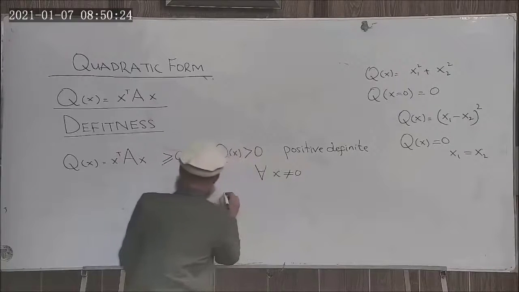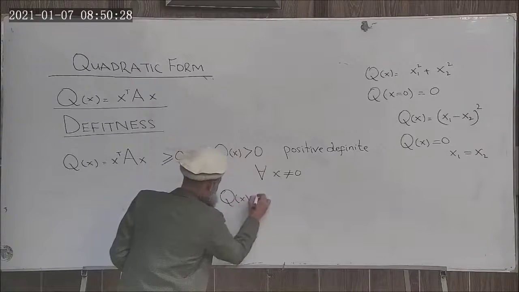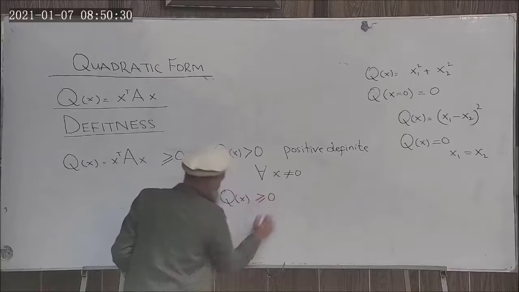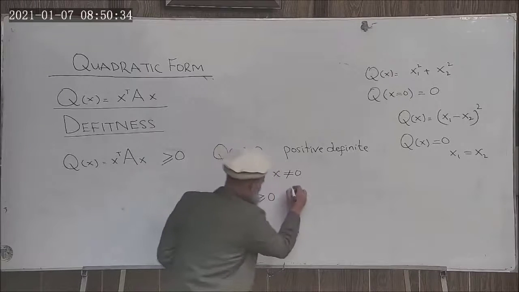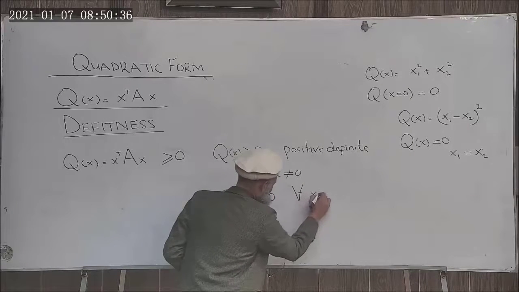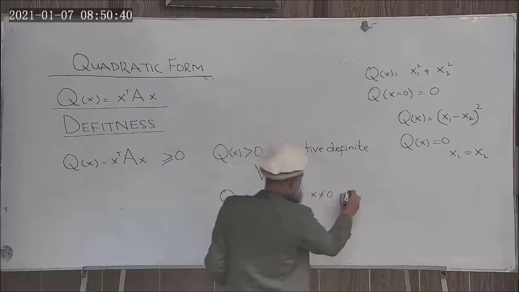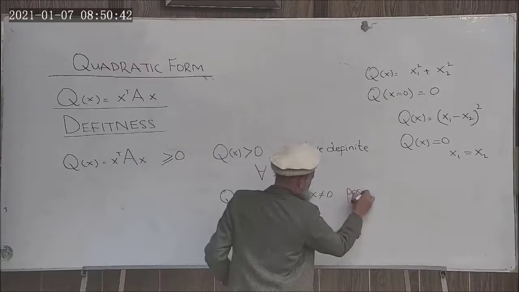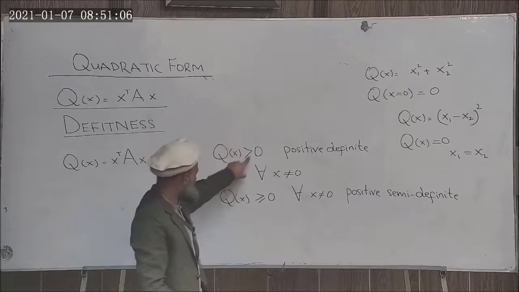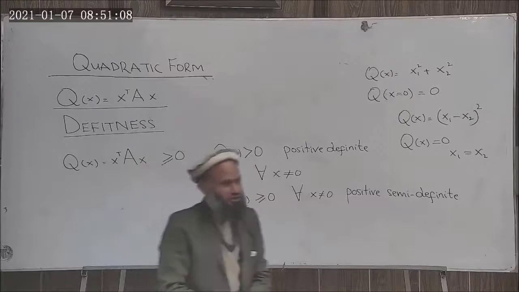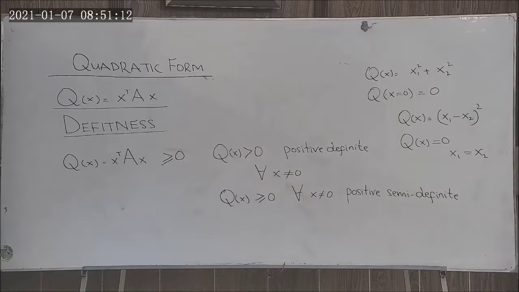If q of x is greater than or equal to 0 for all x, this symbol is for all, then it is called positive semi-definite. For positive definite, it must be greater than 0 for all x not equal to 0.